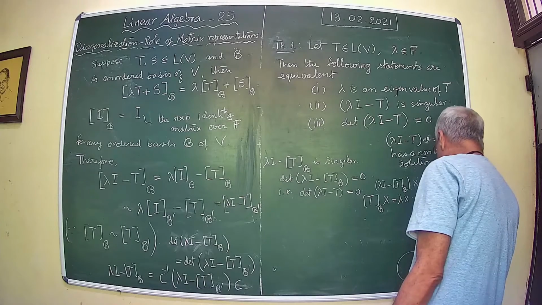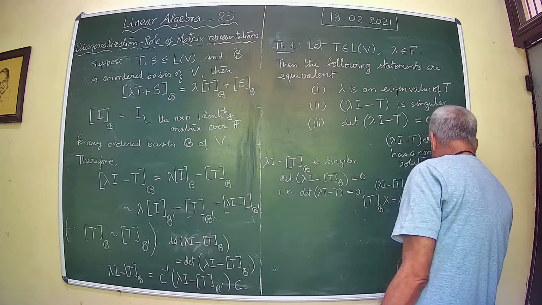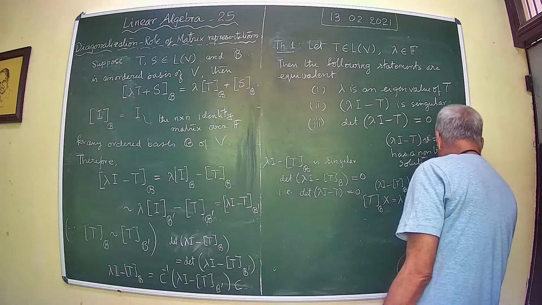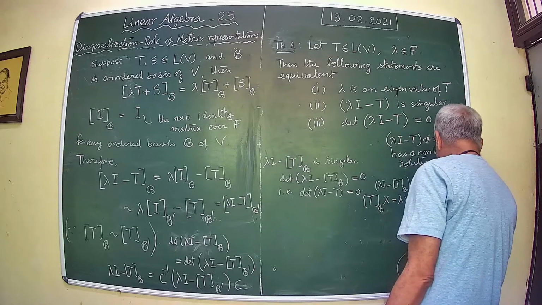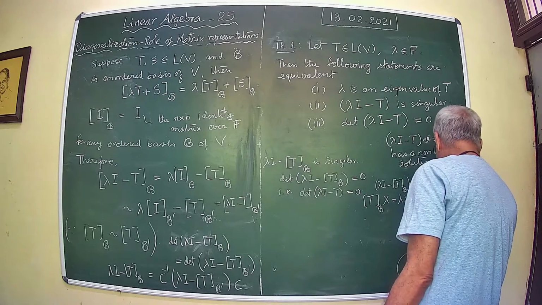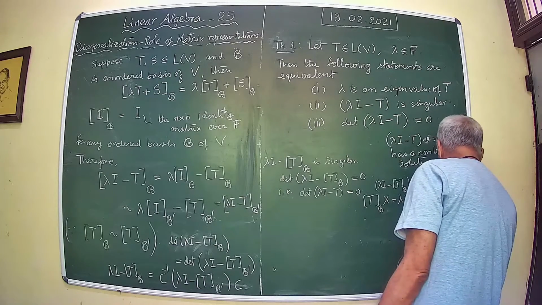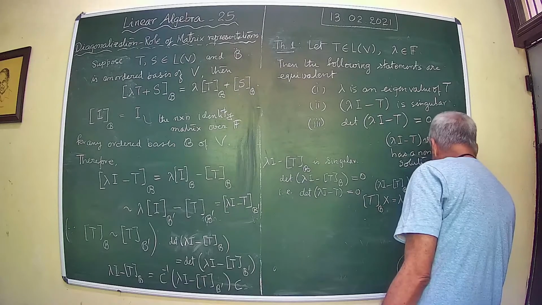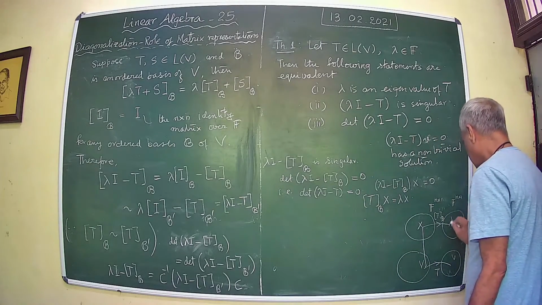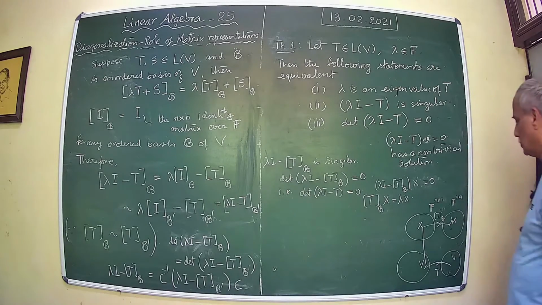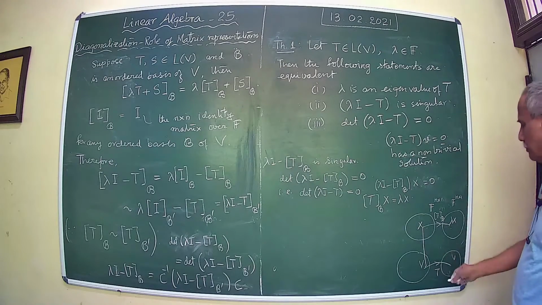This is V, this is your... this is equal to lambda x. Therefore, take that x and pull it back.